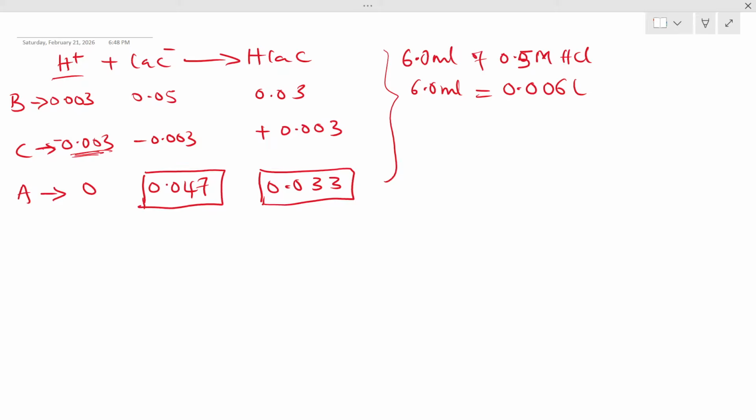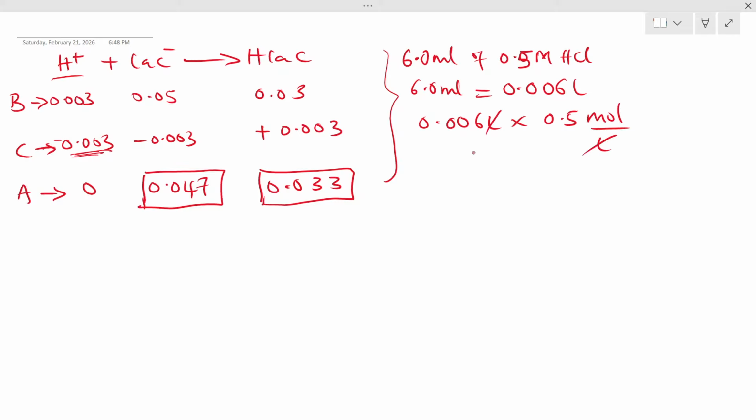So, and you are adding this 0.006 liters of what? 0.5 mole per liter. So what you simply have is you multiply this by the molarity, which is moles per liter, and what you have is 0.006 liter times 0.5 moles per liter.